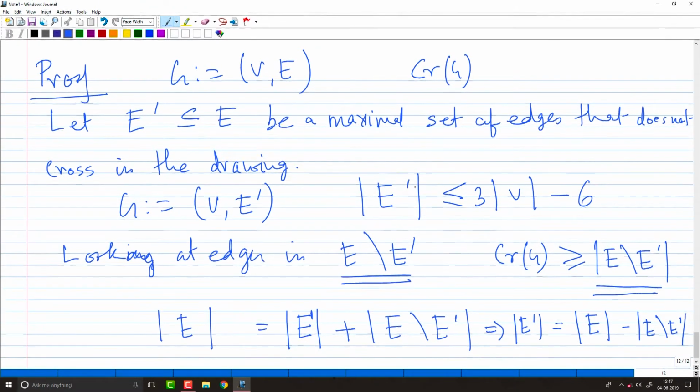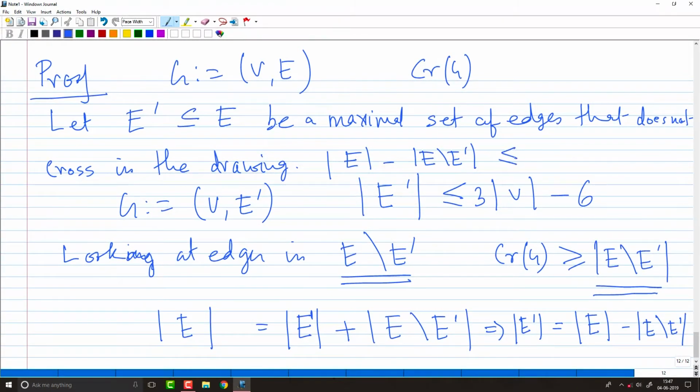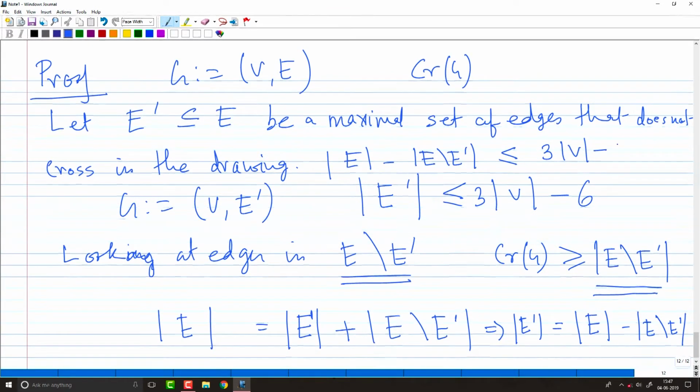Can you check? What do we get? If I replace here, I get the size of E minus E prime to be less than or equal to 3 times V minus 6.